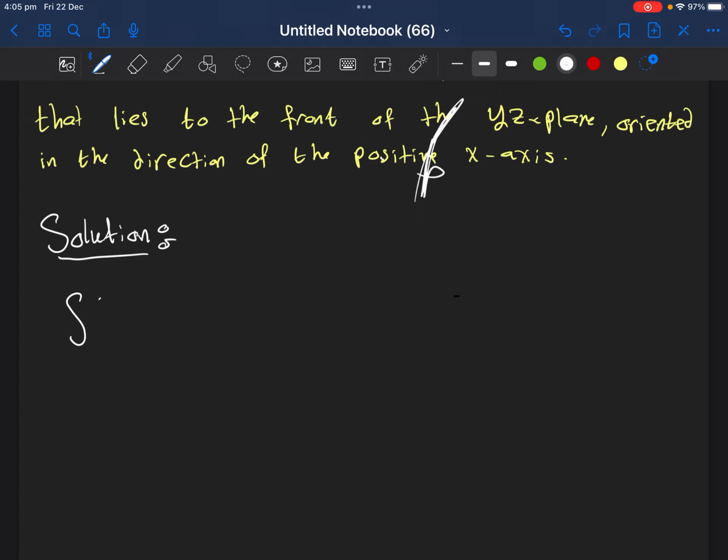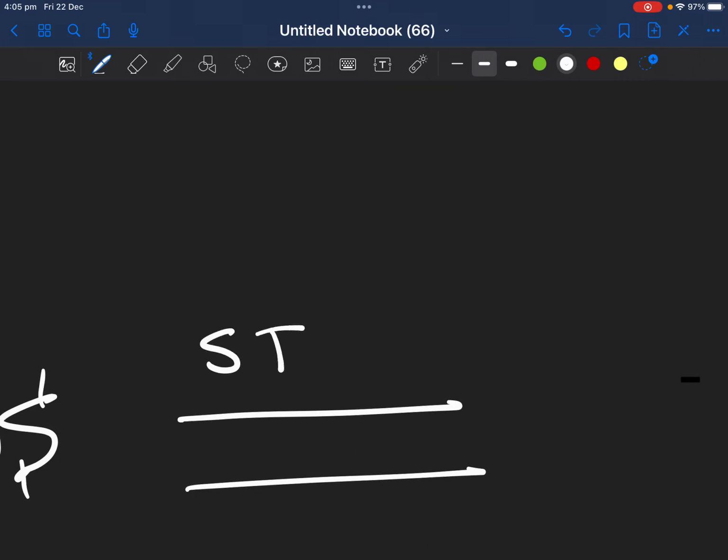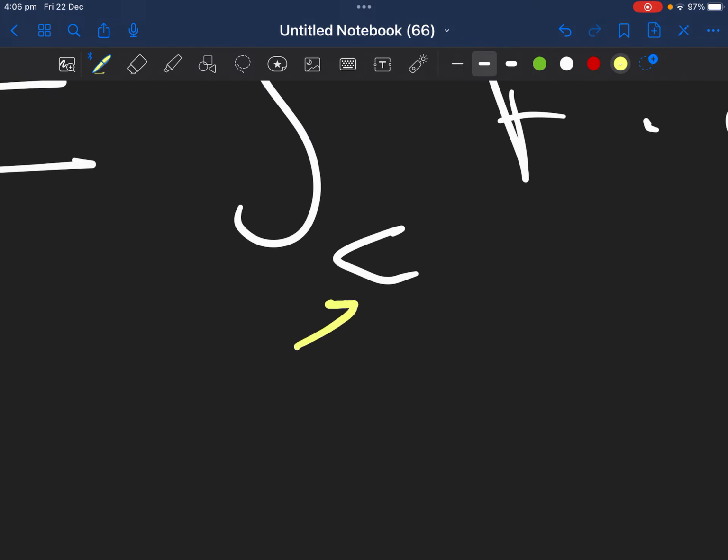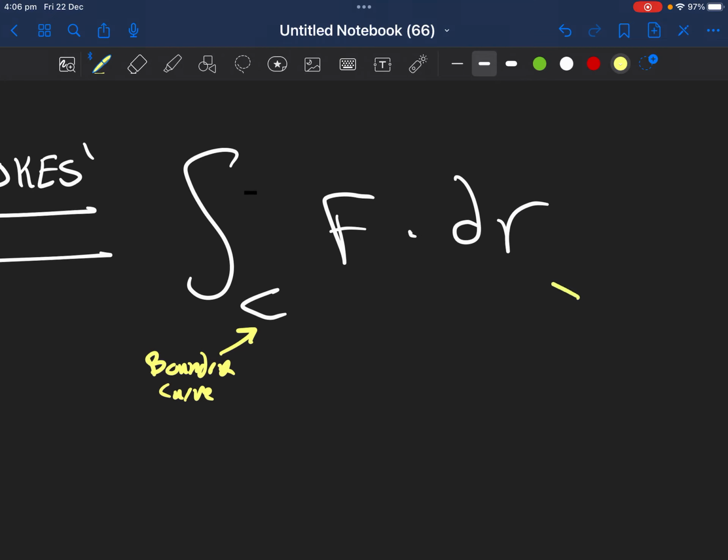Stokes theorem says that this double integral is equal, using Stokes theorem, to the single integral over C of F dot dr. So what we need to do here is find the boundary curve C, and then find the derivative of the parameterization.